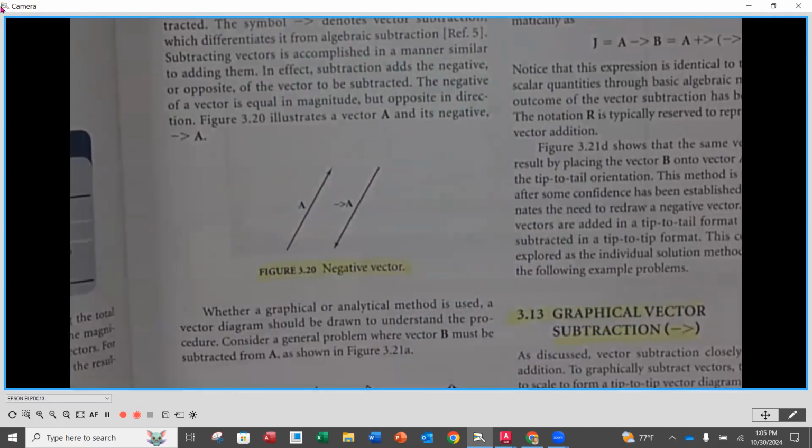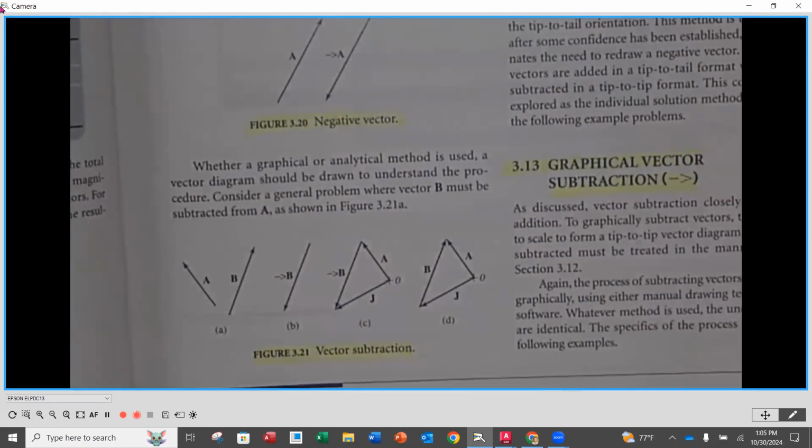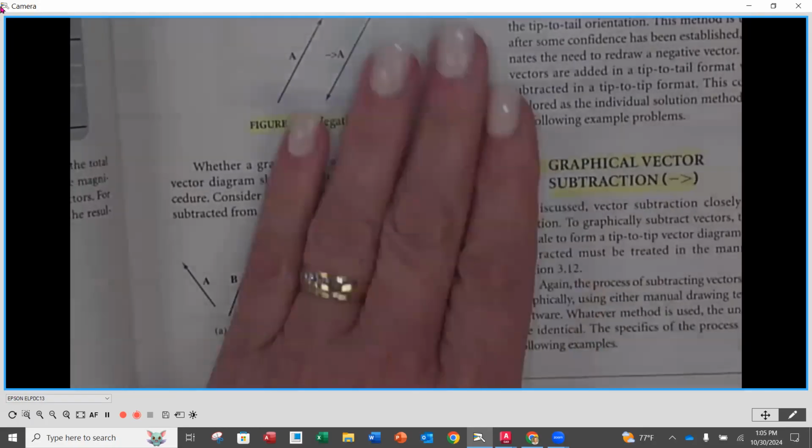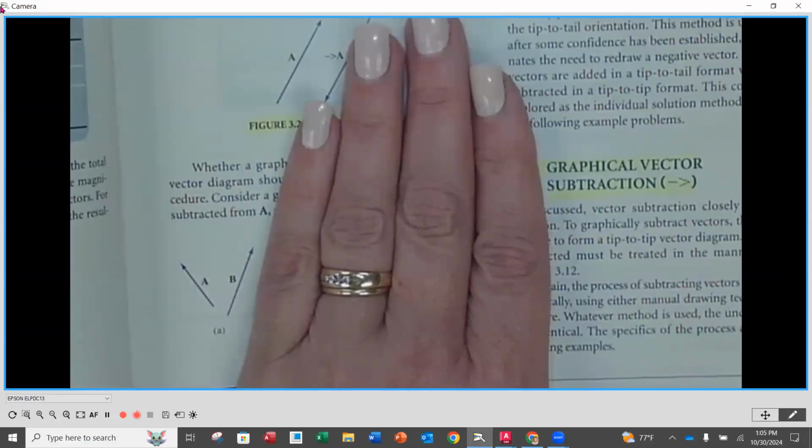Okay. Now, down here shows us two ways that we can deal with vector subtraction. So if we look, we have two vectors, A and B. These are their positive directions, meaning that A is going up and to the left, B is going up and to the right.